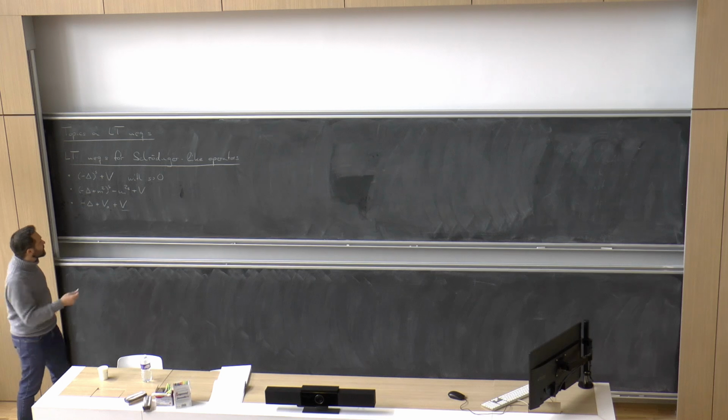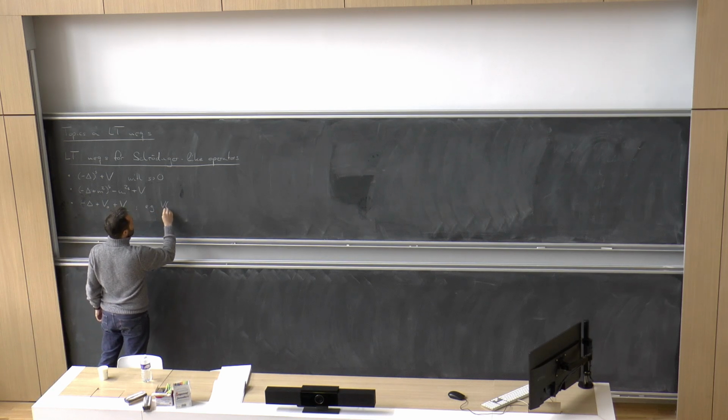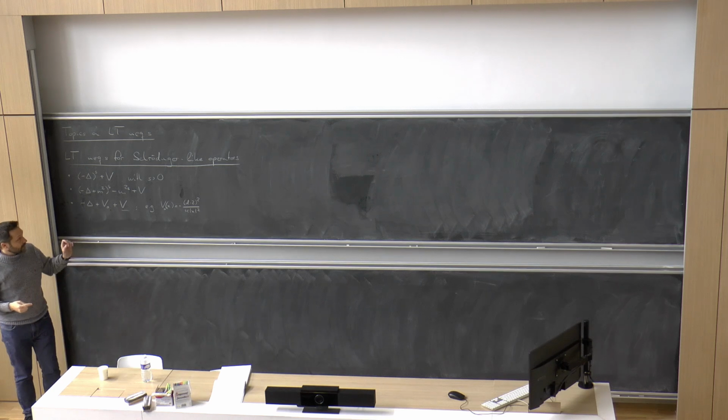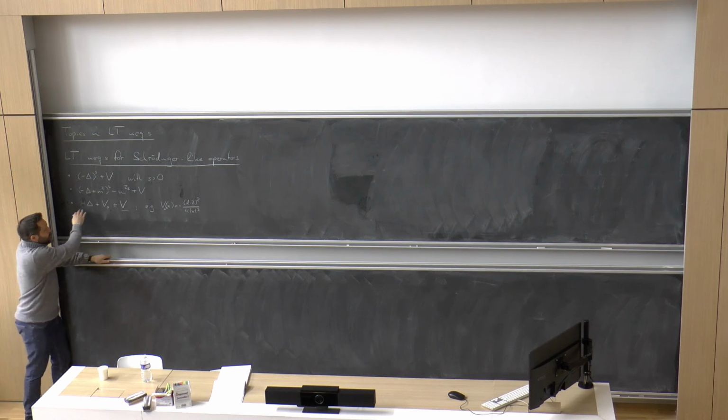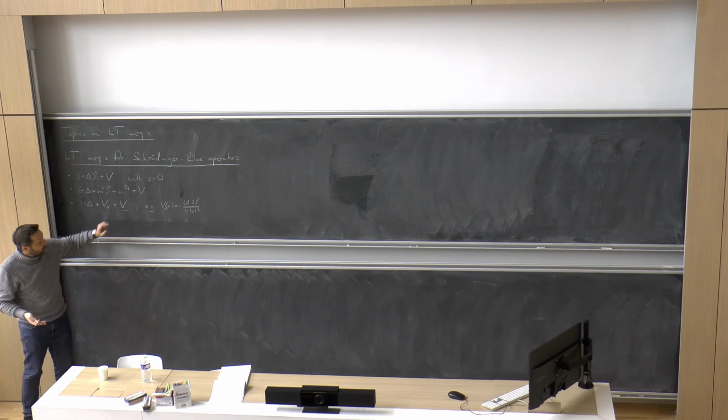So for instance, what one can do is take v0 of x equal to minus (d minus 2) squared over 4x squared, and you might recognize that as the Hardy potential. And so this is such a Lieb-Thirring inequality in terms of v.